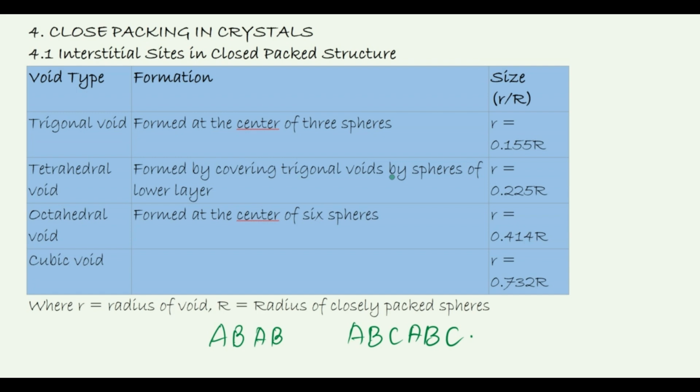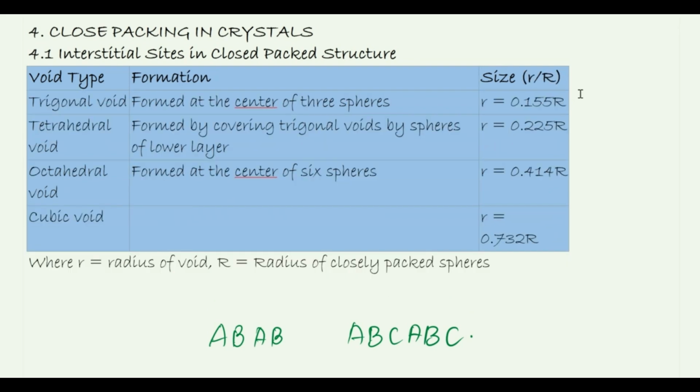The first one is the trigonal void, formed at the center of the 3 spheres, and the formula to calculate the size is r equal to 0.155 R. Small r is for the radius of the void, and capital R denotes the radius of closely packed spheres.